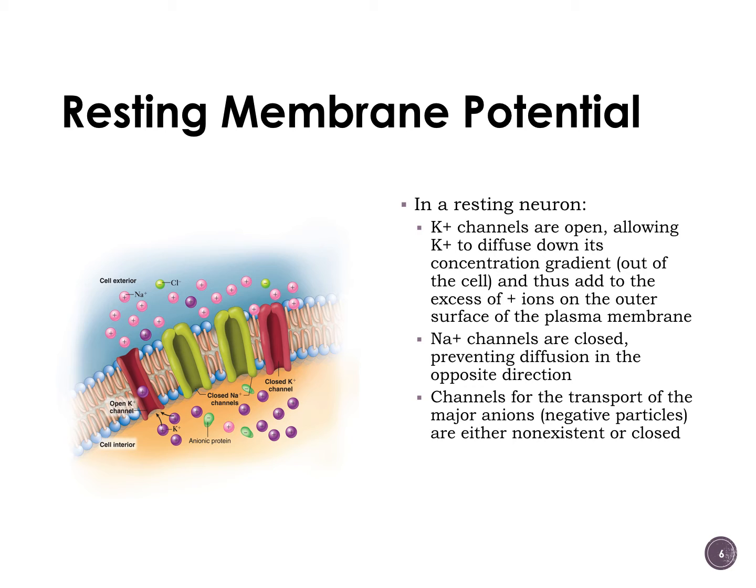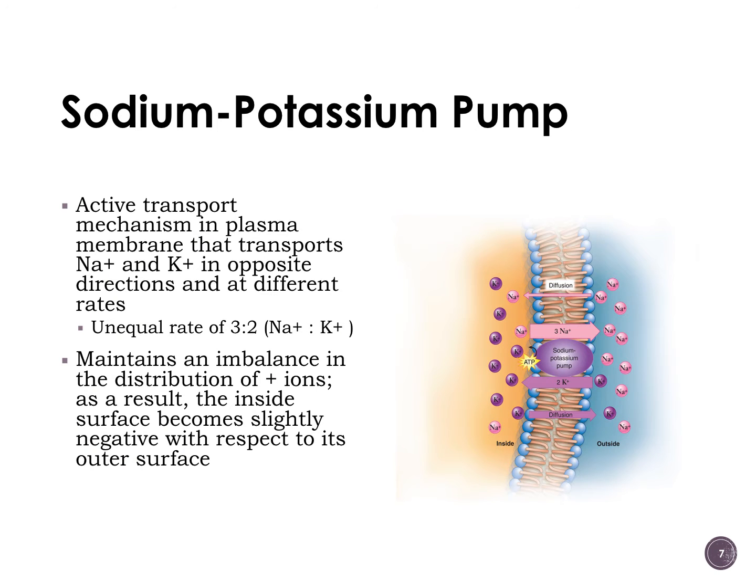So the polarity of these neurons is changing by the flow of positive ions, not the flow of negative ions. We mentioned this sodium-potassium pump, it's a sort of active transport mechanism in the plasma membrane where it's transporting the sodium and potassium in opposite directions at different rates.